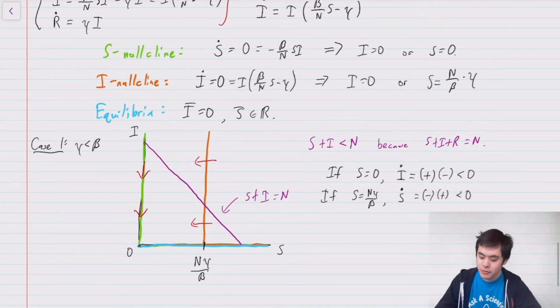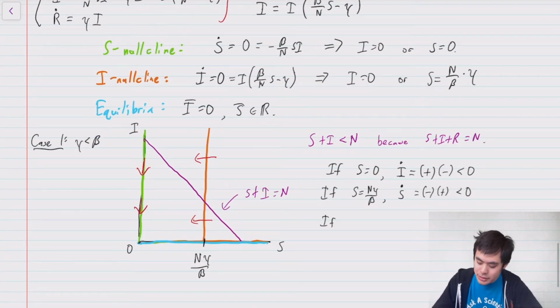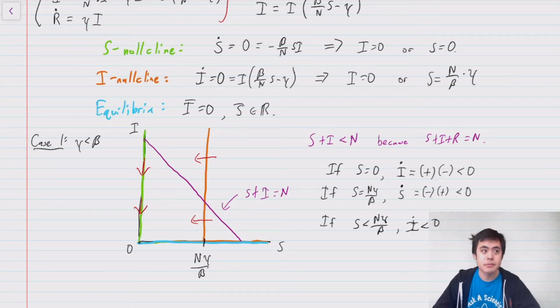And lastly, you can, of course, extend this analysis. So it turns out that if S is less than n gamma over beta, we know that I dot is less than 0, and we know that S dot is less than 0.